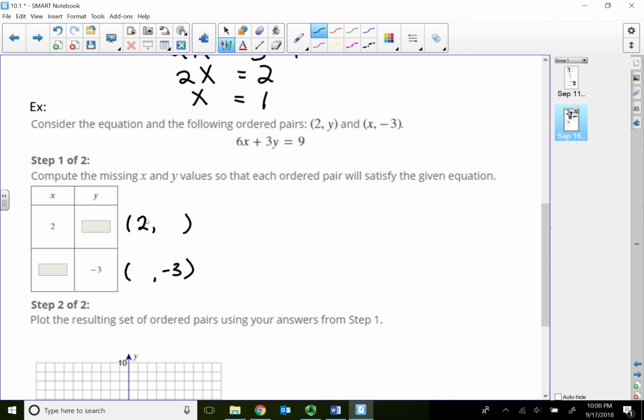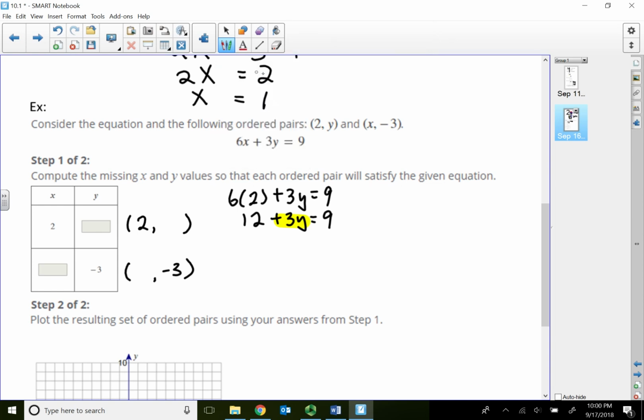Let's substitute 2 for x for my first point. When x equals 2, let's find what y is. That will be 6 times 2 plus 3y equal to 9. So that's 12 plus 3y equal to 9. I'm solving for y, and the y is positive, so let it stay.